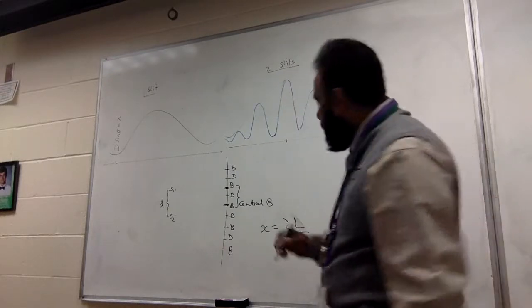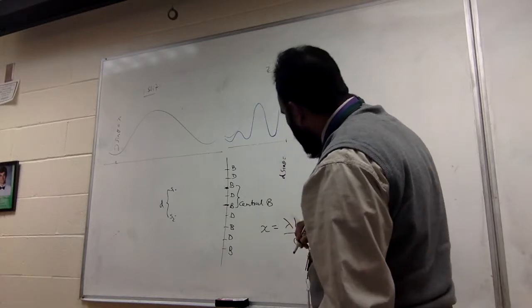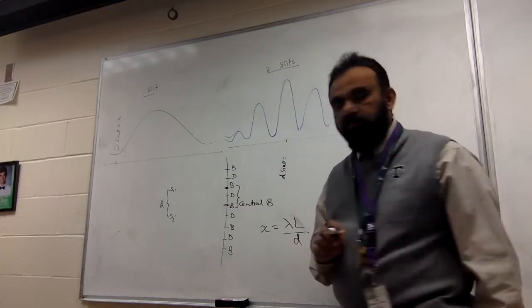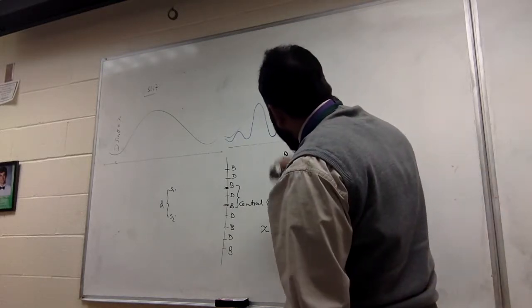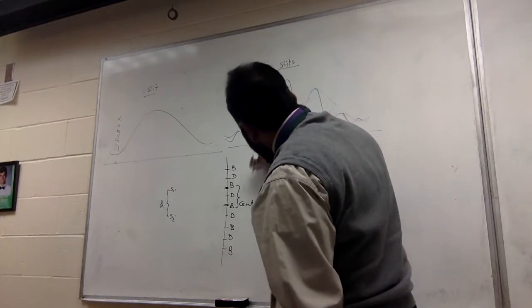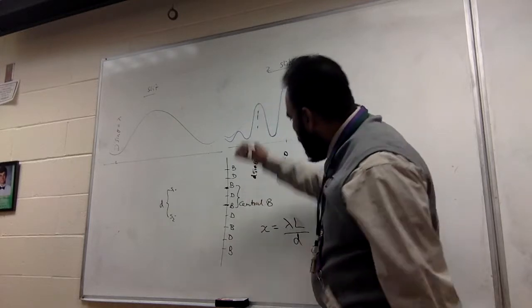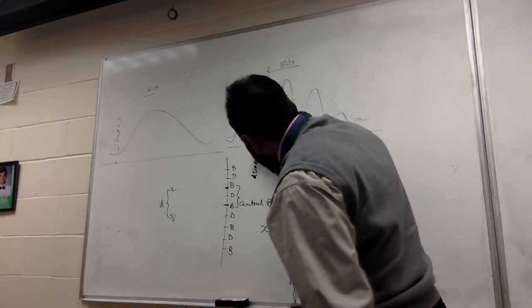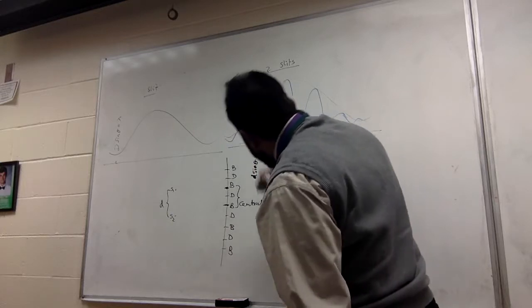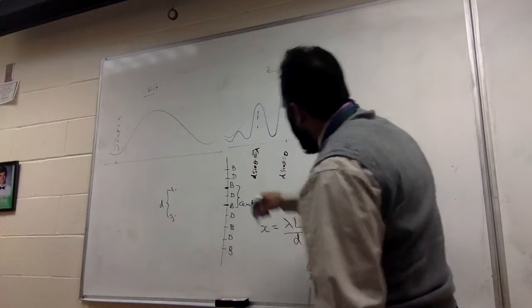D sine theta is equal to 0. And this one happens when D sine theta is equal to lambda, and that will be 2 lambda and so on.